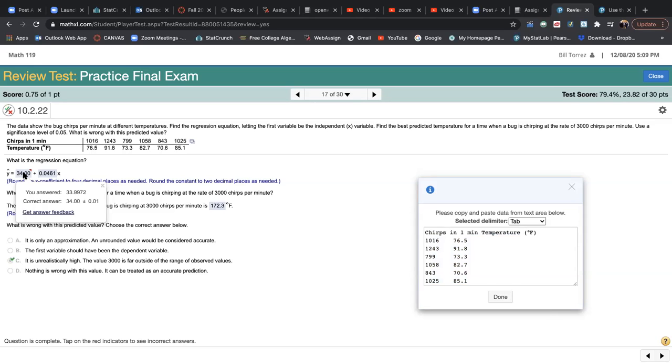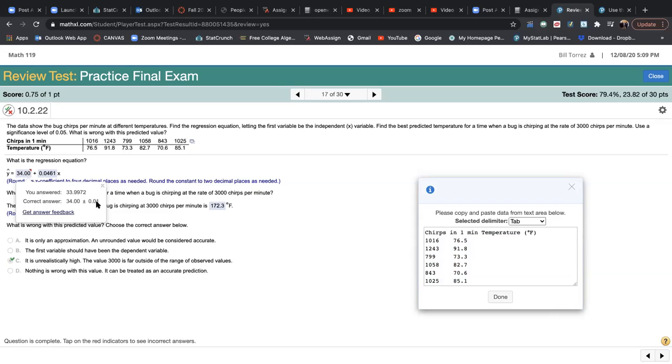And again, a prediction interval for the y-intercept for this simple line is given to you. The correct answer, it says, is 34 plus and minus 0.01.